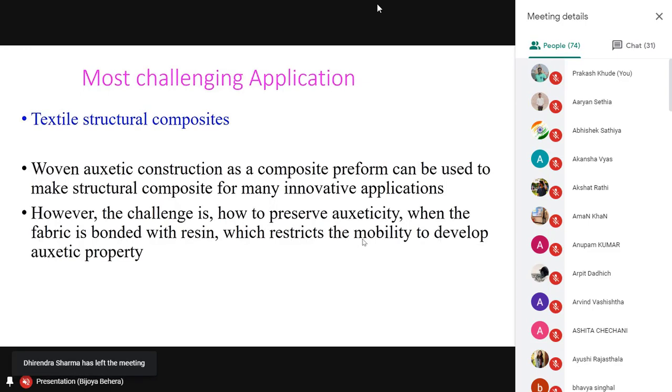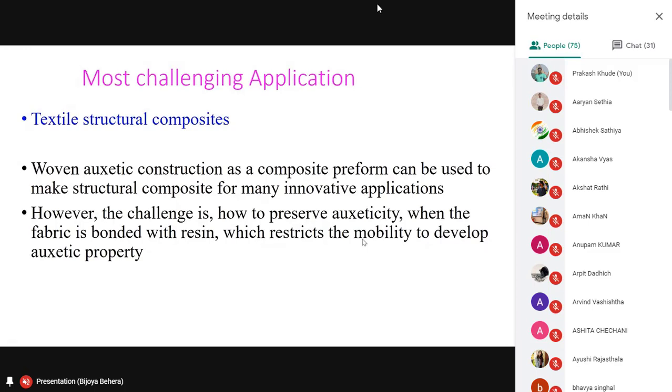When the resin is impregnated, obviously the mobility of the woven structure is restricted, because resin is a glue, an adhesive. When it binds the warp and weft yarn, then when the composite is subjected to a stress in warp or weft direction, the fabric will not be allowed to expand, because resin has already restricted the movement of warp and weft.